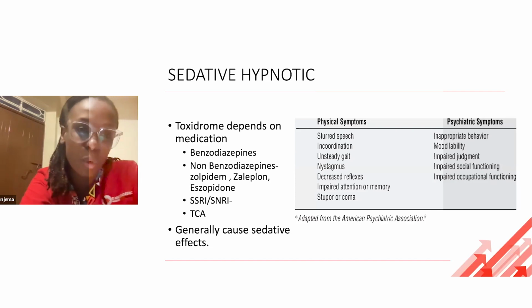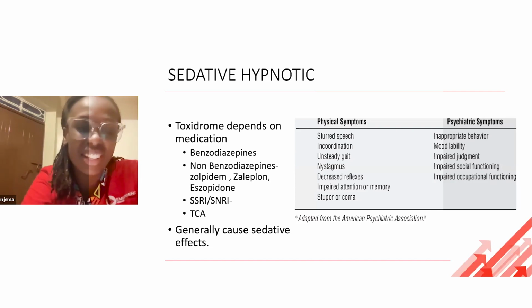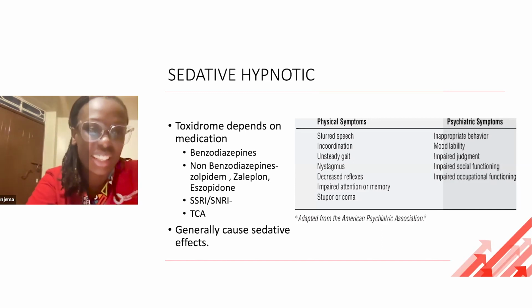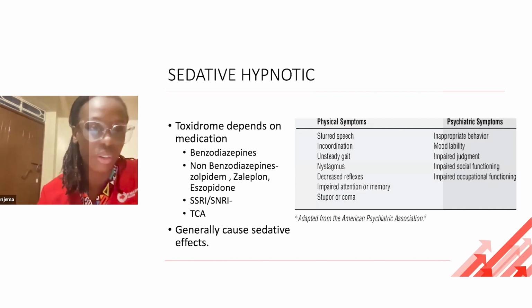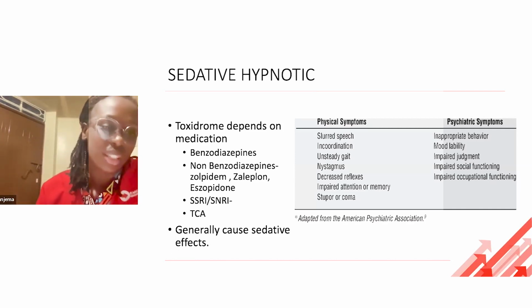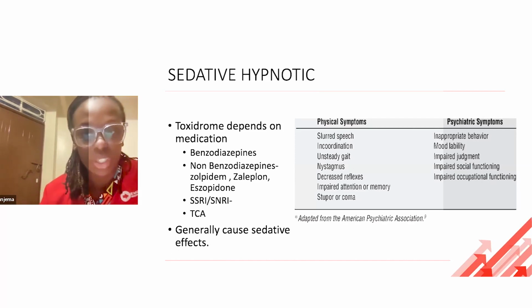Someone looks somewhat drunk, yeah? Slurred speech, incoordinated, unsteady gait. Their reflexes are very slow, delayed and decreased. And at the very worst end, they could actually be comatose, right? So these are very key ones that you need to look out for, especially.